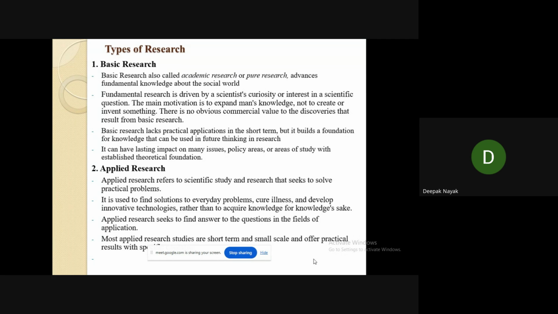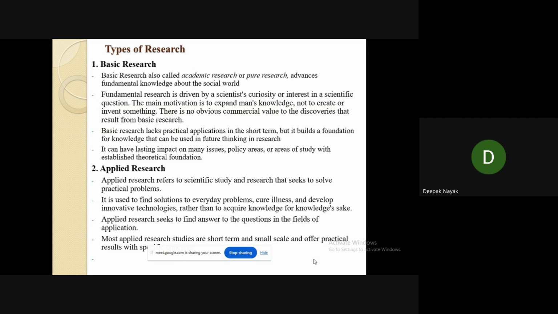Basic research is conducted out of the curiosity and interest of the scientists or scholars to understand something and contribute to the knowledge house of the particular discipline or the whole storehouse of knowledge.